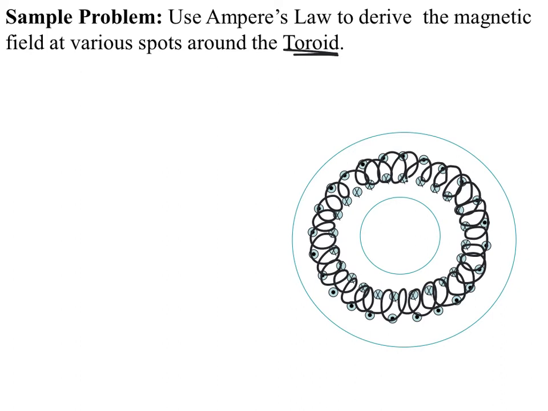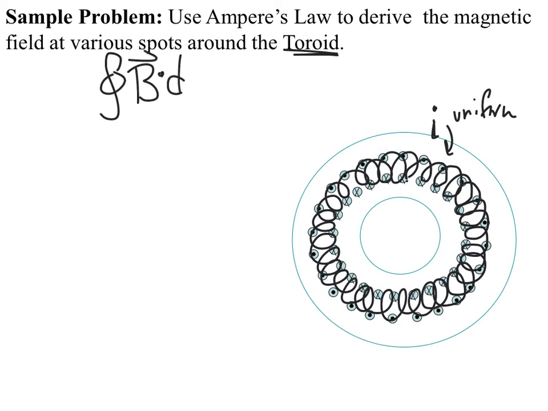So if I have a current source here, I should have current that is uniform, constant all the way around this system. We are again going to use Ampere's law. We're going to use the integral around a closed surface of B dotted with ds, and that should equal our magnetic permeability of free space multiplied by our current enclosed.